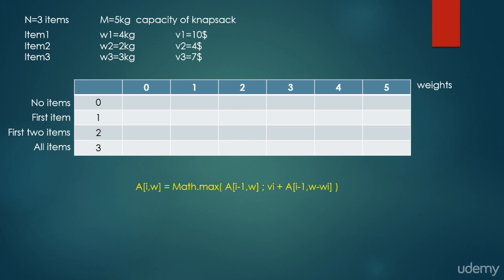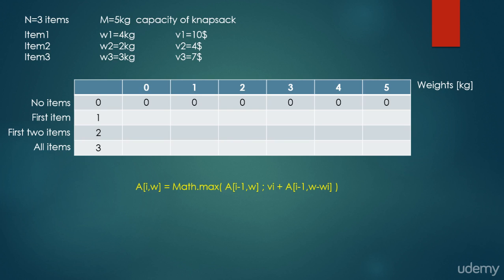And of course there is the situation when we take it, so we have V[i] representing the value, plus A[i-1][w - w[i]]. So in this situation we take the item with the ith index, so we get the value V[i], and we have to subtract the weight of item i from the knapsack's capacity.